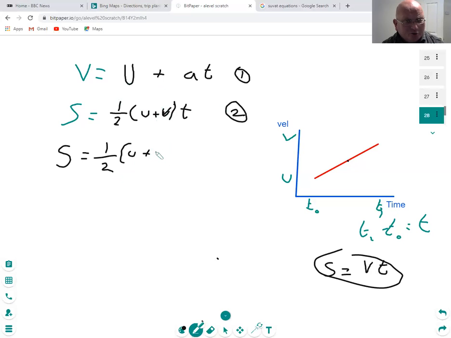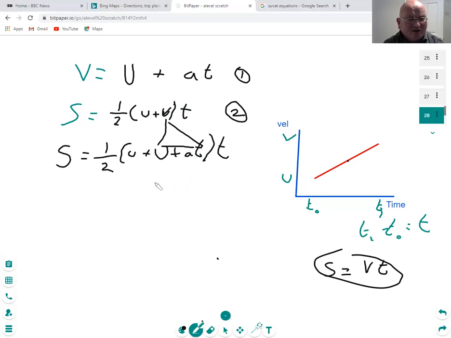So that's u plus at, and then we still have t outside the bracket. All I've done is replace v with u plus at. That there is a replacement of v.